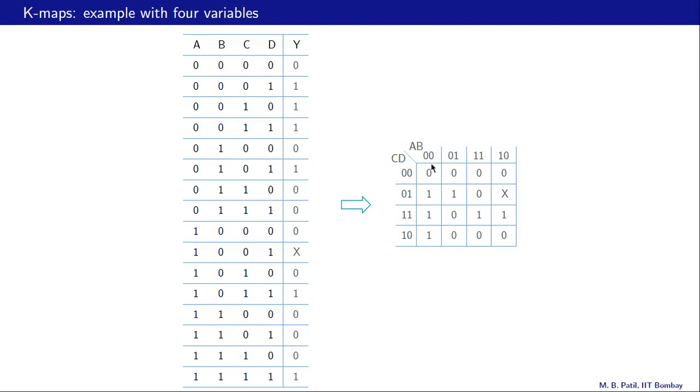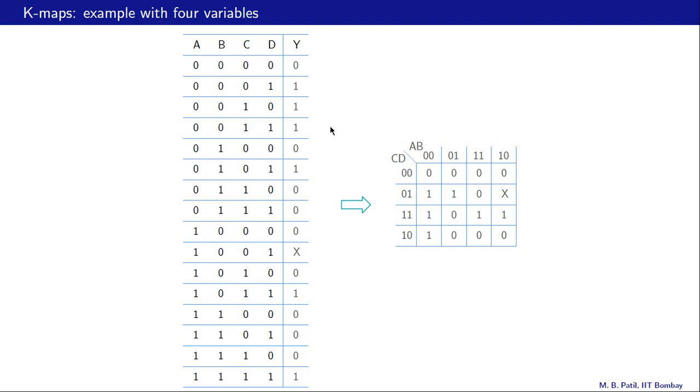For example, from 0, 0 to 0, 1, B changes but not A. From 0, 1 to 1, 1, A changes but not B, and so on. Similarly, as we go from one row to the next, there is only one change. Going from 0, 0 to 0, 1, D changes from 0 to 1 but not C, etc.